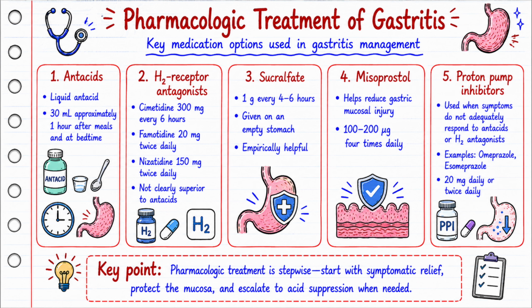Sucralfate forms a protective barrier over damaged mucosa and may help promote healing. Misoprostol, a prostaglandin analog, can help protect the gastric mucosa in selected patients, particularly when NSAID-related injury is a concern. Therefore, pharmacologic therapy aims to reduce acid, protect the mucosa, and address the underlying cause.